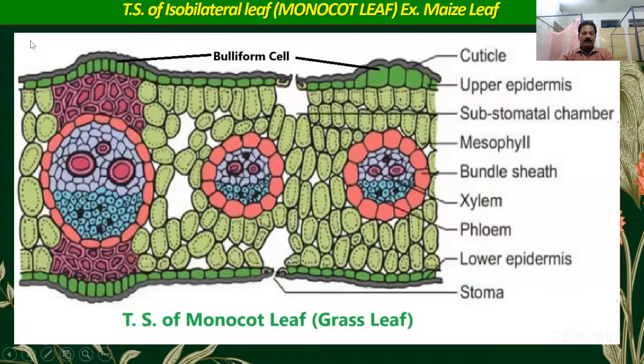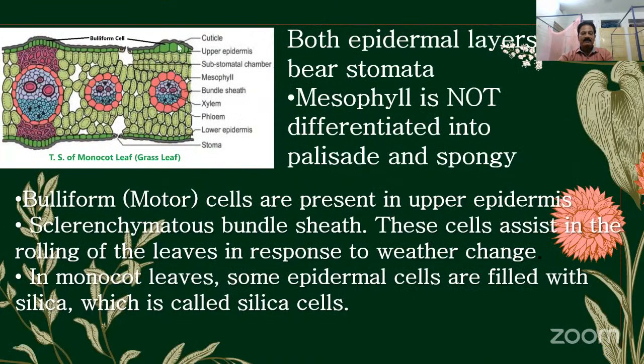And one important point you need to remember, the upper epidermal cells contain silica granules. That's why the cells are very sharp. The leaves of sugarcane are very sharp. They cut the skin if you go bare body.